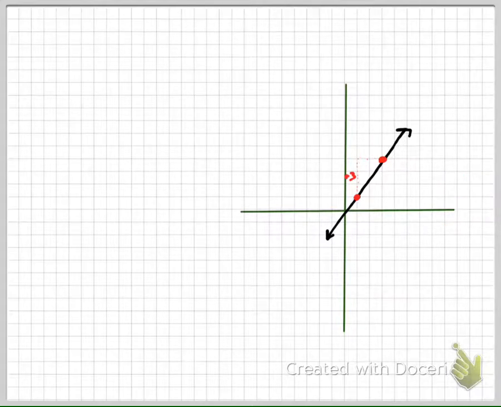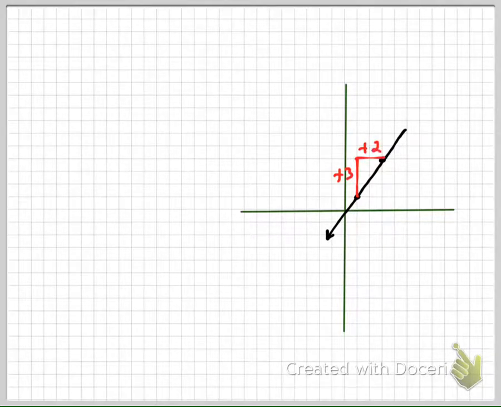Let's try another one. Is that also right? Nope. Look here. It isn't negative 3 over 2. One thing you could do is this. Watch, this is important. To go from here to here, I went up 3 and over to the right 2. Both positive.